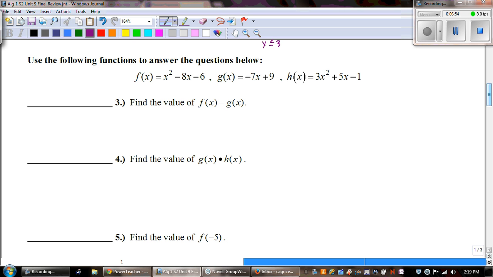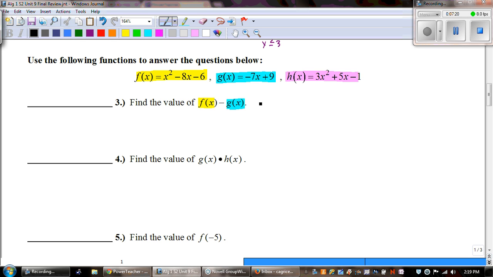All right. Next set. It says use the following functions to answer the questions below. I have 3 functions. We have f of x, g of x, and h of x. Our first one says to find the values of f of x minus g of x.